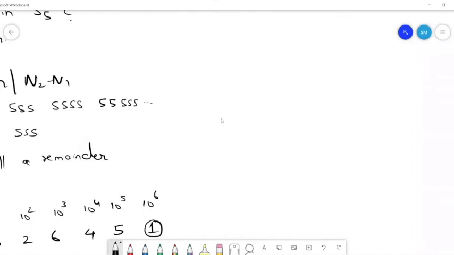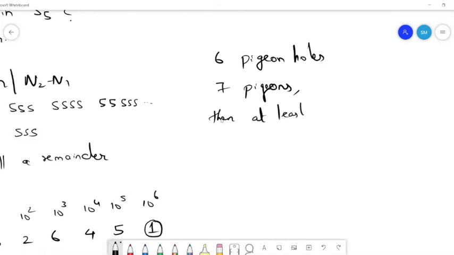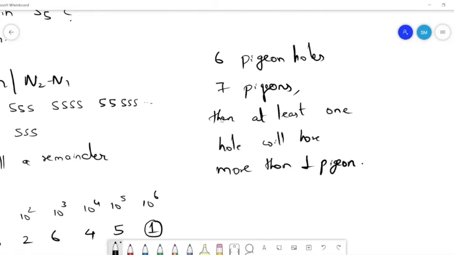The Pigeonhole principle is, if there are 6 pigeonholes and 7 pigeons, then at least one hole will have more than one pigeon, right? Yes. So this is a statement of the Pigeonhole principle.